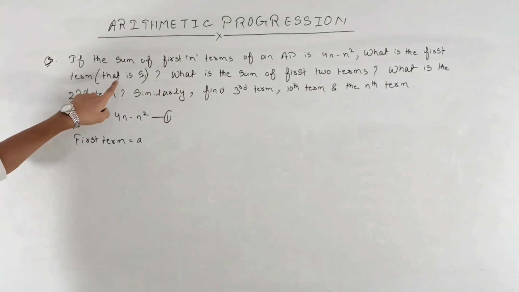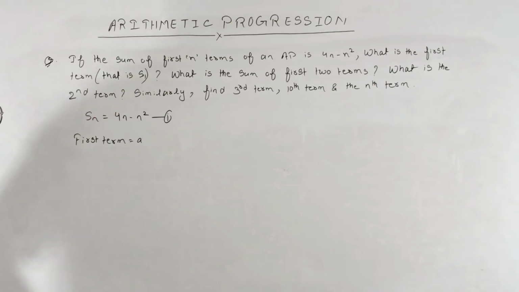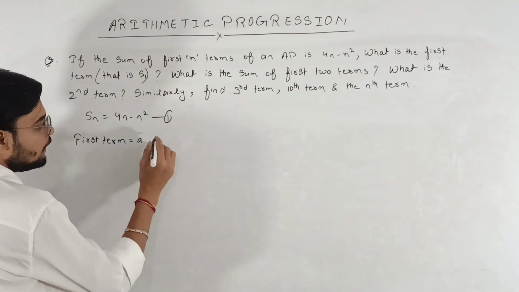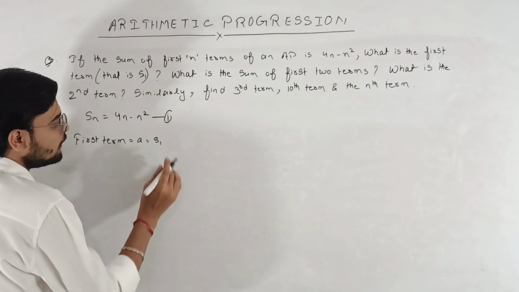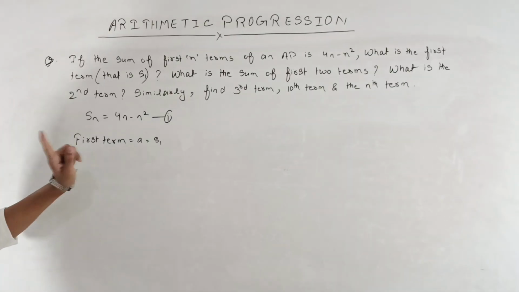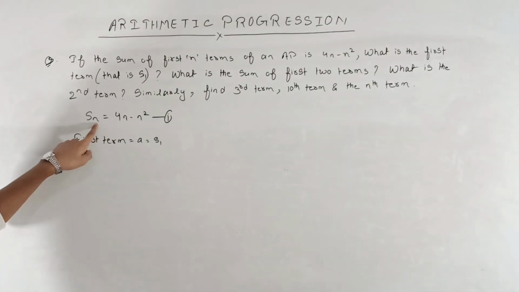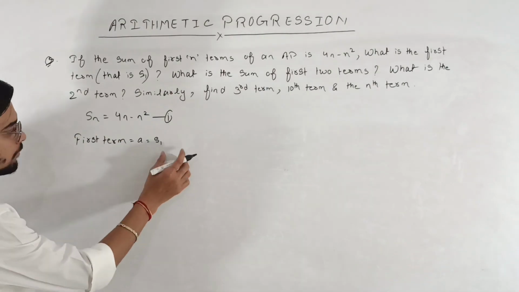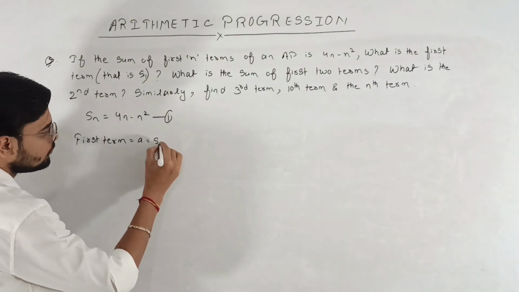It is given that the first term is S1. So first term is equal to A, and A is equal to S1. Okay, now S1. Here 1 is in place of n. Sn is this, so S1 means the sum of the first term.